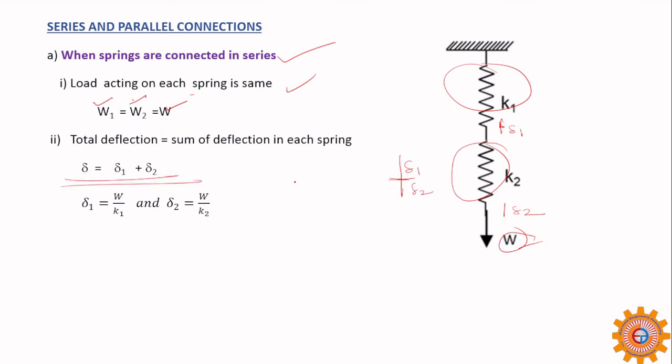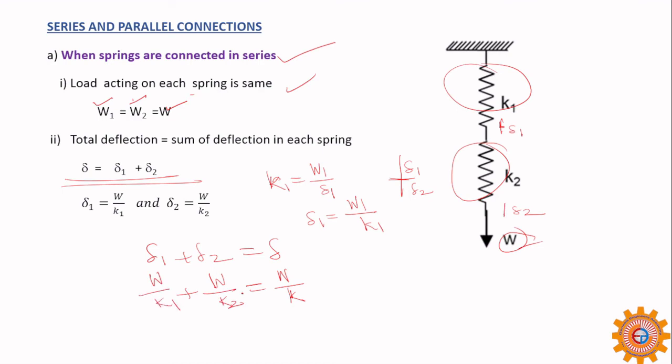So K1 is equal to W1 by delta 1, so delta 1 is equal to W1 by K1. Delta 1 plus delta 2 is equal to delta. Delta is equal to W by K, delta 2 is W by K2, delta 1 is equal to W by K1.